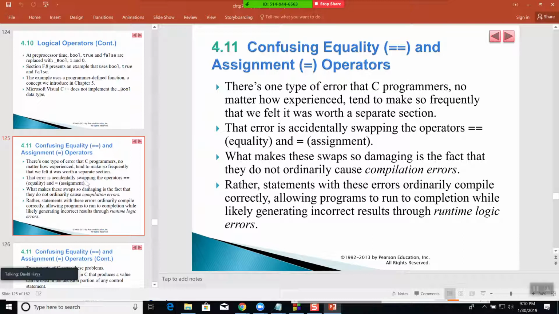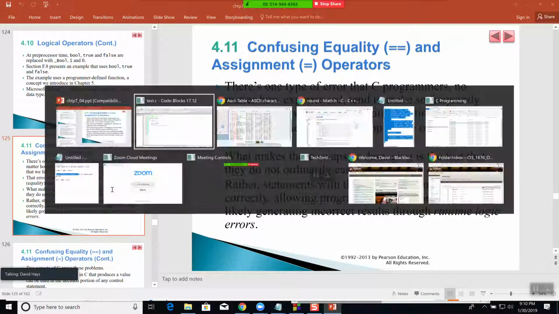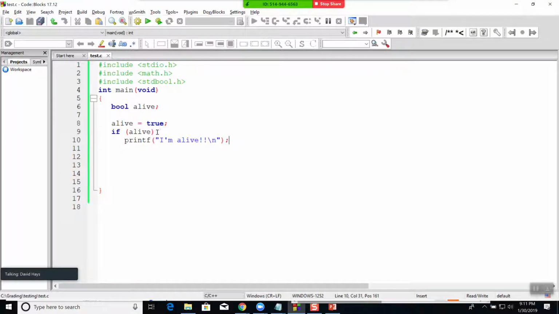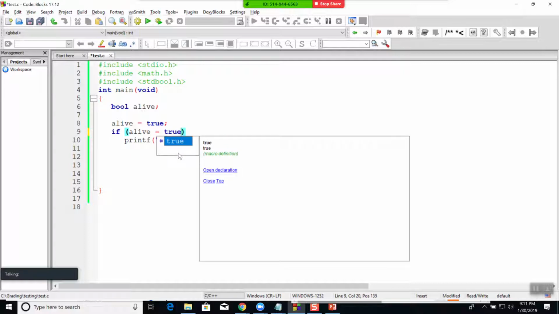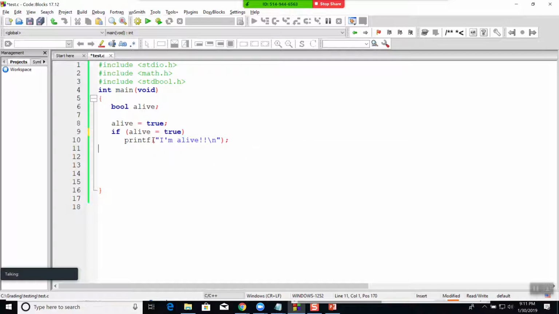We have already talked about the equals equals versus the assignment operator. That'll catch you and cause you a lot of headaches. If alive equals true, like that, you can put it there. You can check to see if it's equal to true. You don't need to. But notice I put 1 equals, didn't I? Yeah.